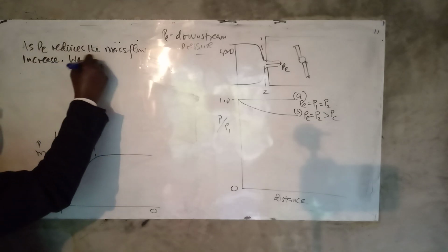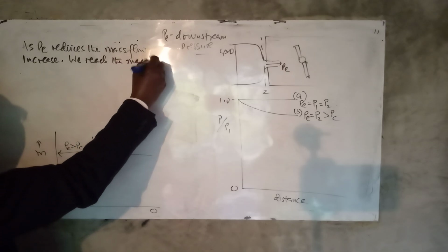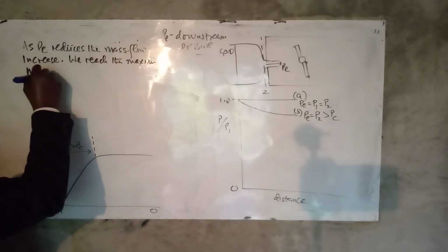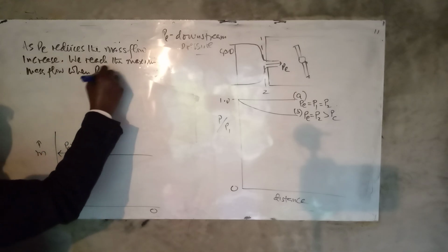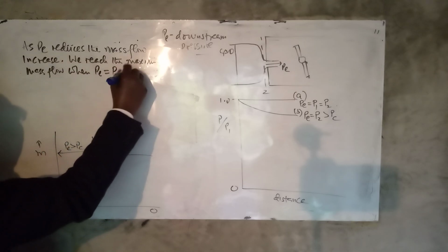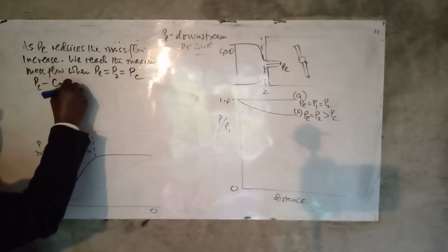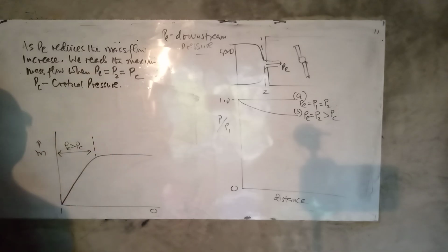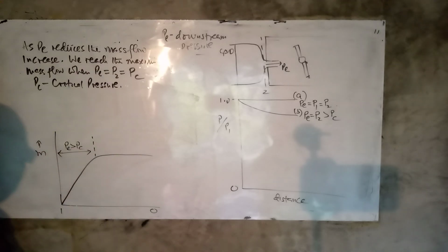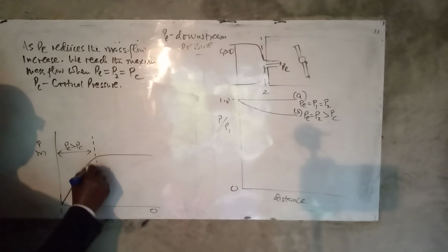We reach maximum mass flow when PE is equal to P2 and is equal to PC. Remember, PC is the critical pressure. So that will be the maximum at that particular point.